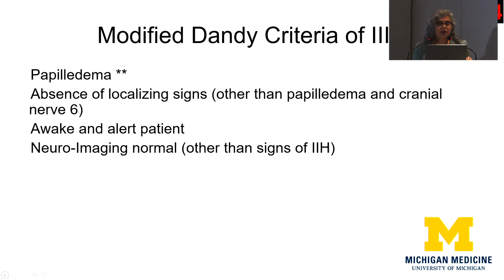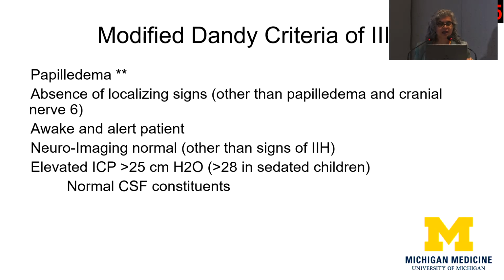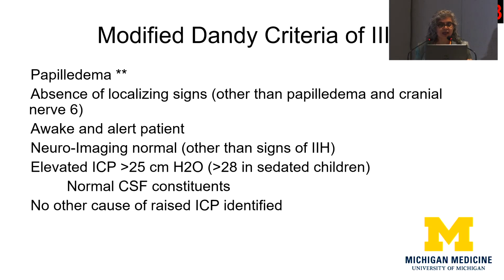And of course, there are signs of IIH, which we'll see in the next slide, which are allowed. And the opening pressure should be more than 25 centimeters of water, and in children more than 28, but more importantly, normal CSF constituents, and basically excluding other causes of raised ICP.